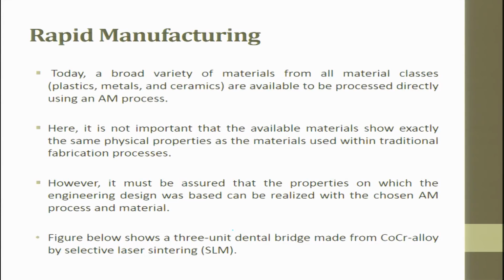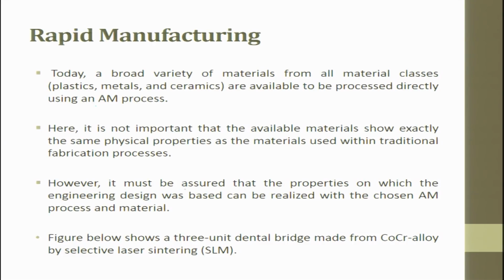So, in rapid manufacturing today, a broad variety of materials from all material classes, plastic, metal, ceramic, are available to be processed directly using AM process. Here it is not important that the available materials show exactly the same physical properties as the materials used within traditional fabrication process.